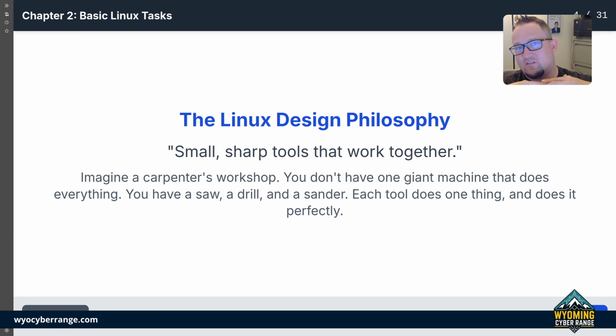Each tool is designed to do one thing, and it does it really well. So as we're going through the Linux operating system, keep in mind, okay, this is a tool. How could I use the tool to do a task at hand? Where would I use this tool?